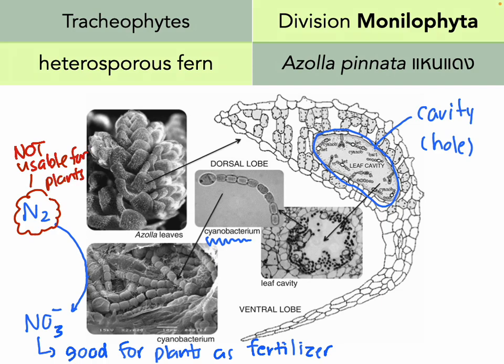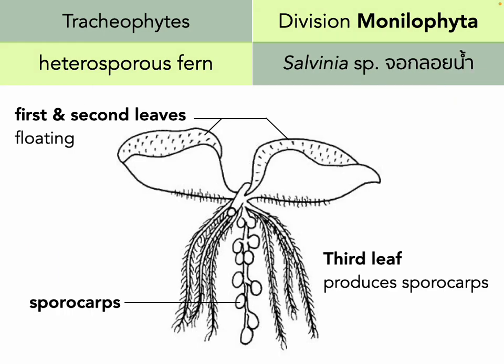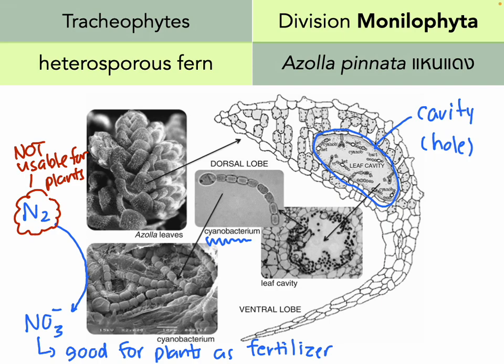In the air that we breathe, each breath is around 60% nitrogen, and we cannot use it. It just fills the space. But for plants to use this nitrogen, you need this cyanobacterium to turn it from nitrogen into nitrate. This form is called nitrate.